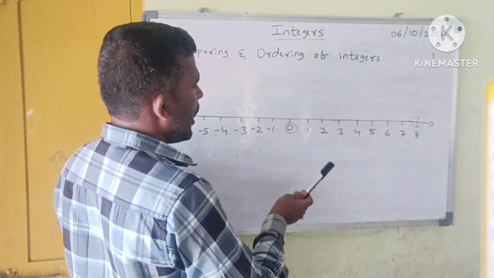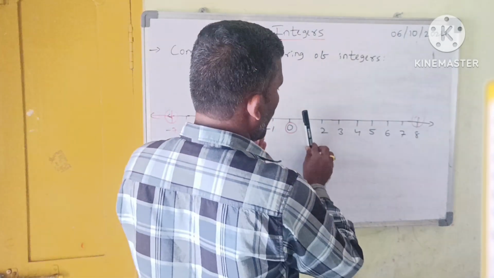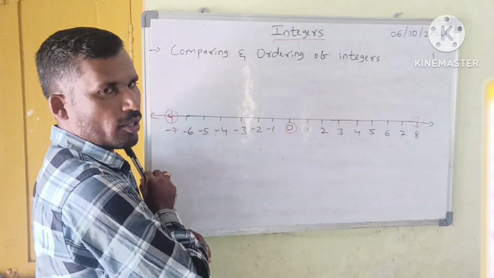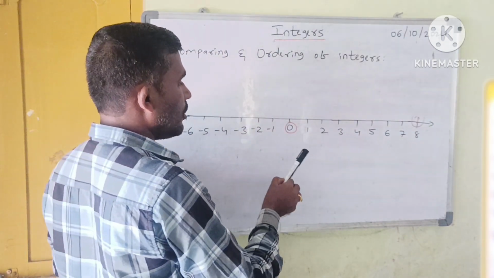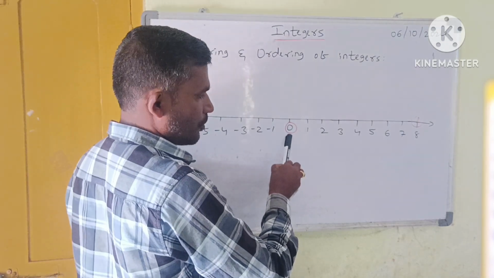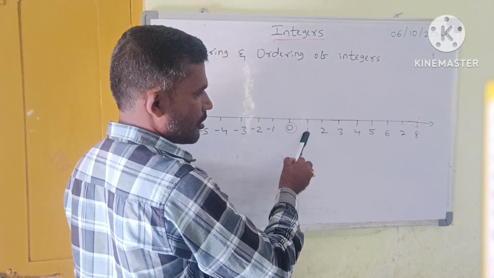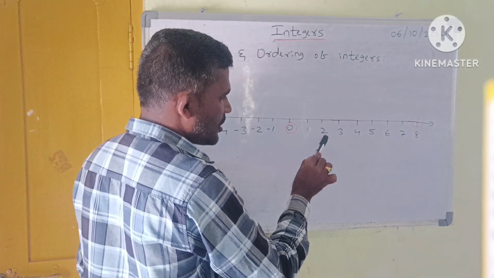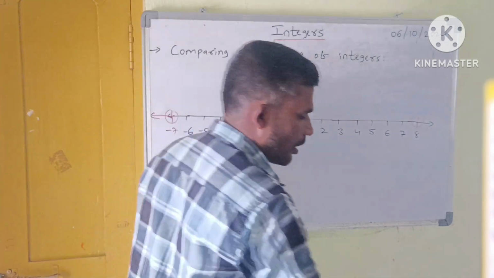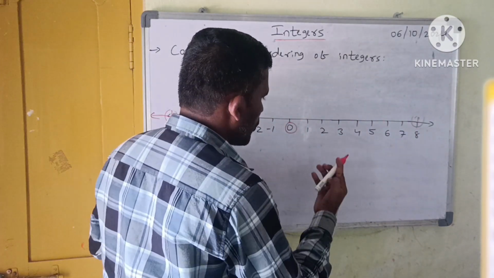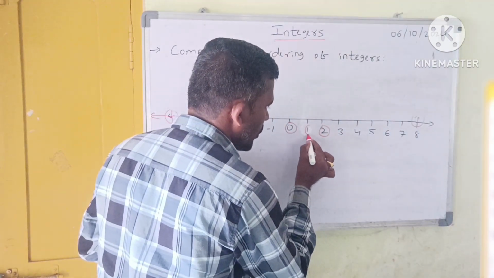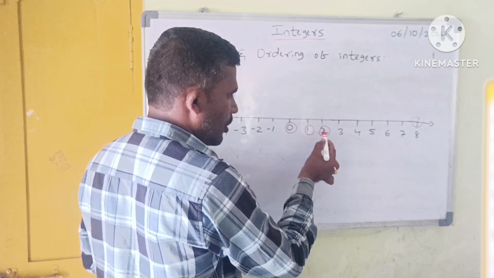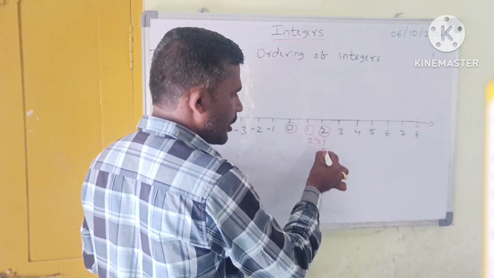And one more thing, all these positive numbers are greater than all these negative numbers. 1 is greater than 0, 2 is greater than 1. So 2 is on the right side of 1, which means 2 is definitely greater than 1.